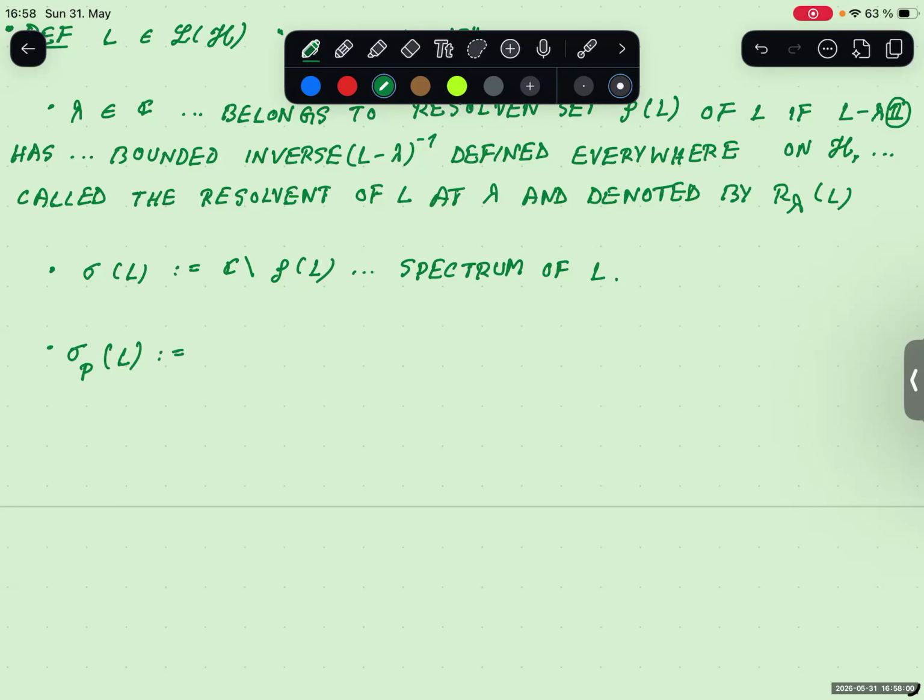So this is the set of lambda belongs to C such that the kernel of the operator is not trivial.